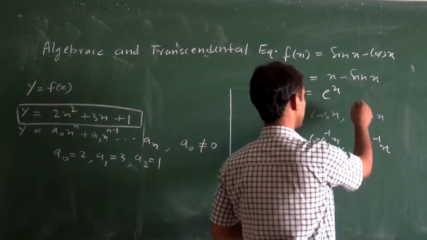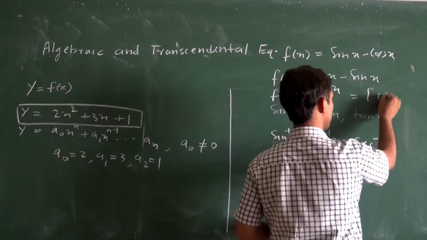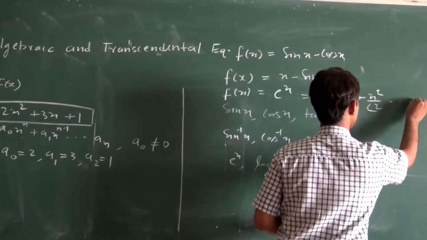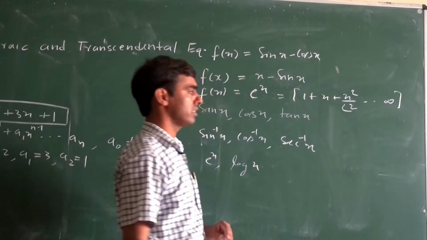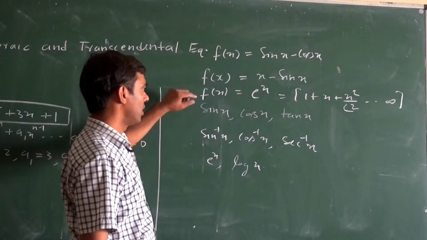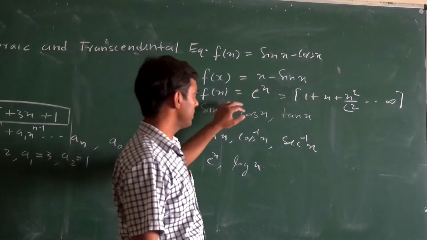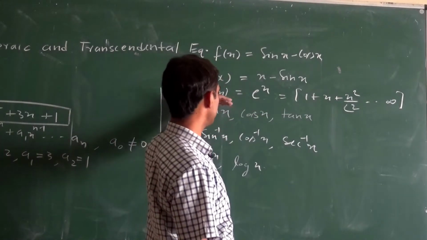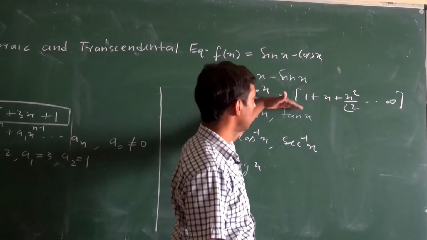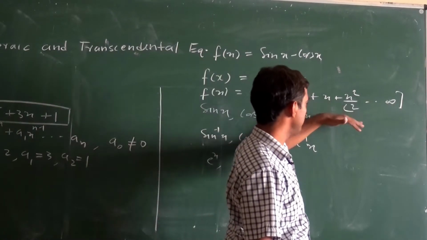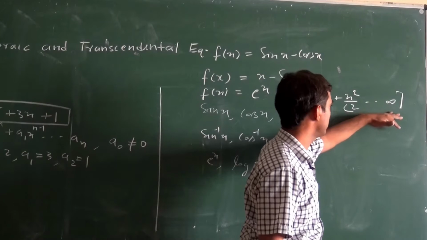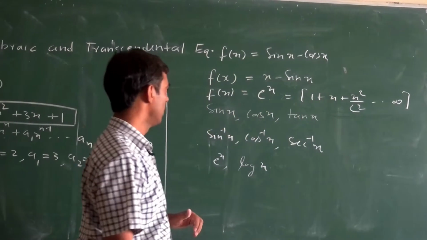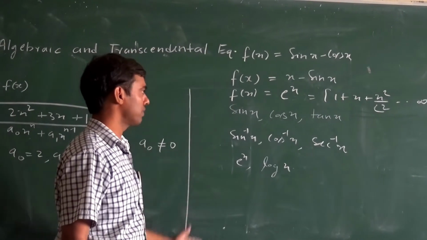If we expand e^x, it is 1 + x + x²/2! and so on, to how many terms? Infinite number of terms. So, in other words, a transcendental equation, expressed in terms of a polynomial, has an infinite number of terms.